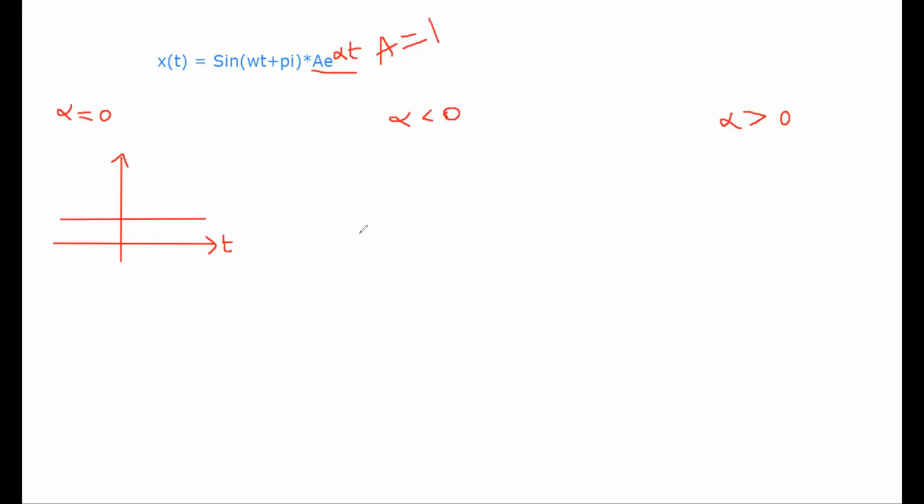When alpha less than 0, then we may get a decaying exponential. We have already seen in yesterday's class how we are going to get a decaying exponential and how we are going to get a growing exponential.